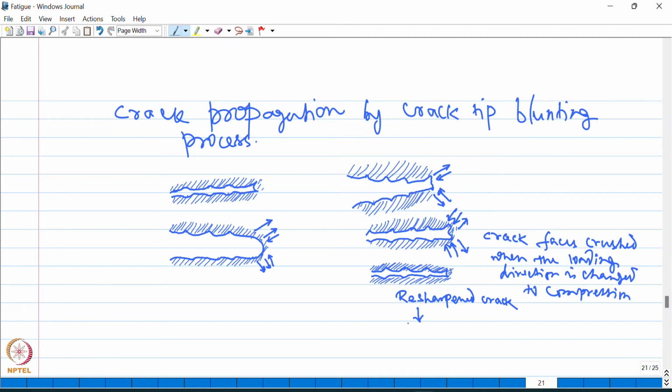And this cycle continues, and that is how the crack propagates by this crack tip blunting process.